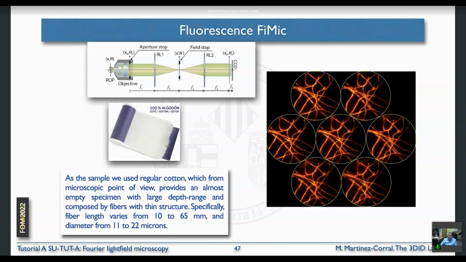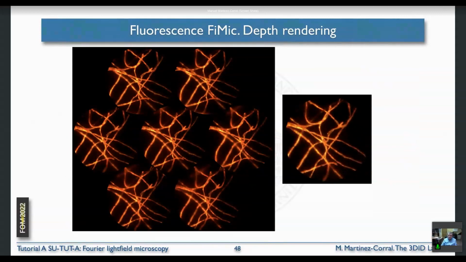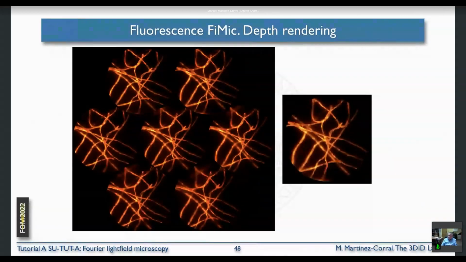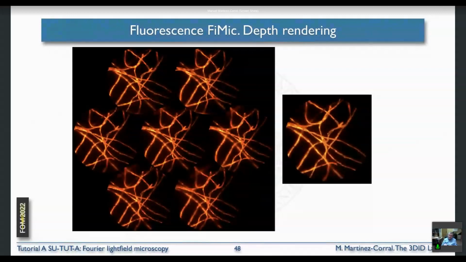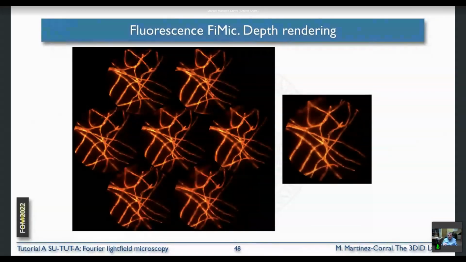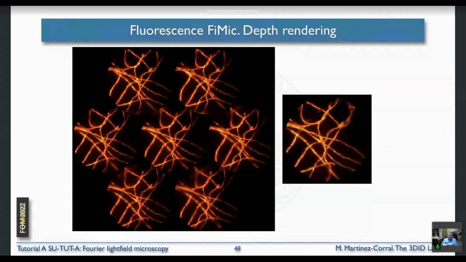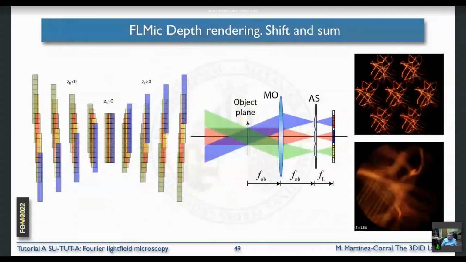So here the parameter n is equal to 3. As I showed you before, from them, the first thing you can do is put them in a movie, and therefore you can watch the sample from many different places, or you can make a depth rendering.